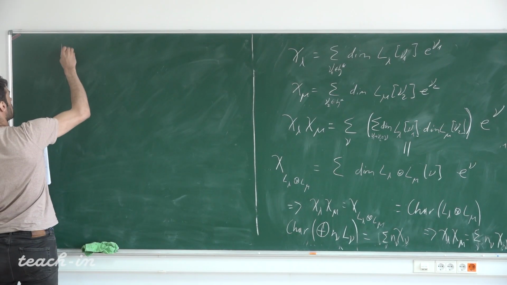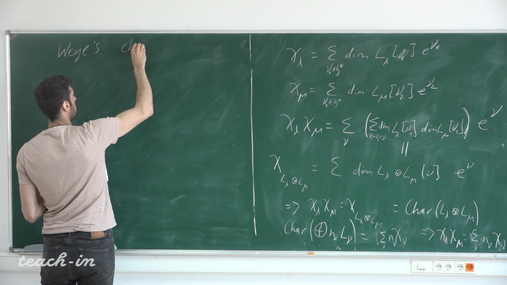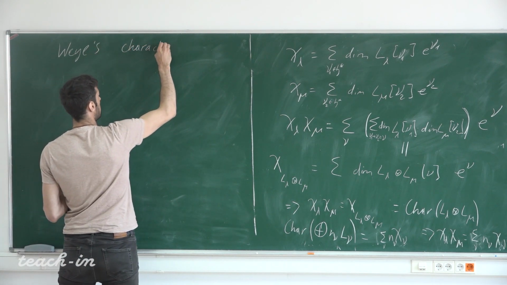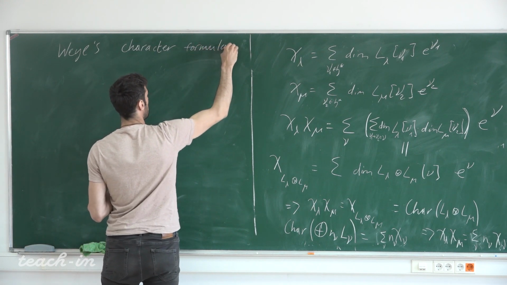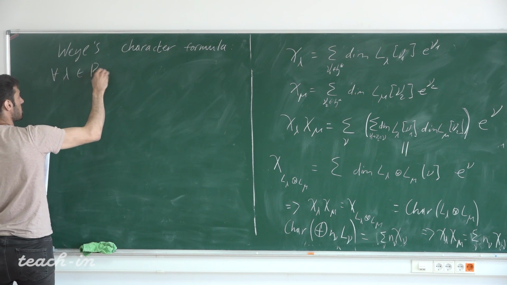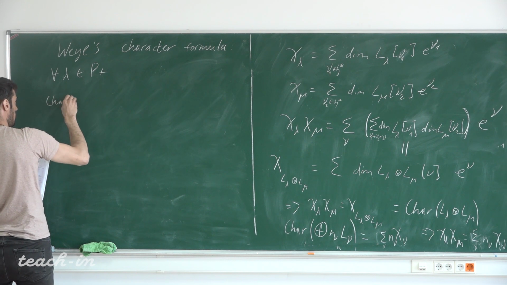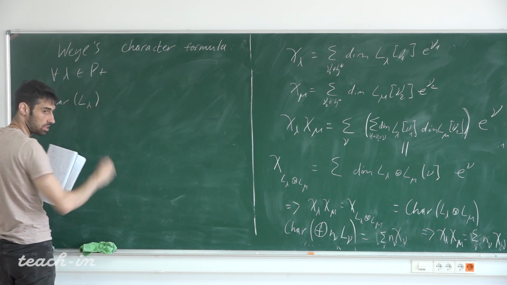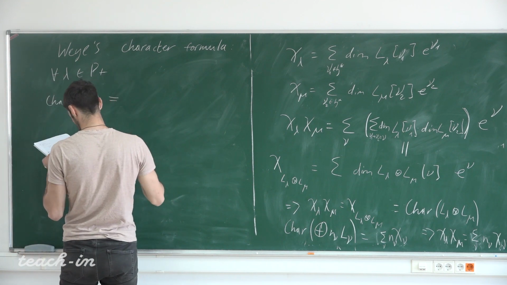So Weyl's character formula: for each lambda from P plus, we have that the character of the finite dimensional irreducible representation of highest weight lambda is given by the following formula.